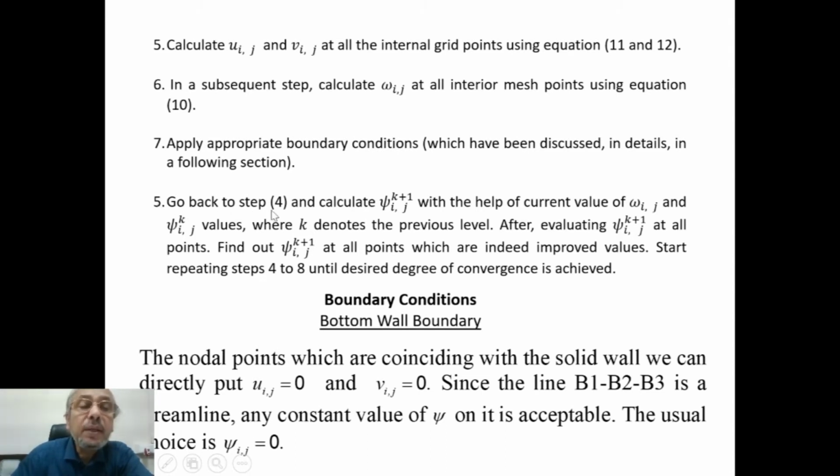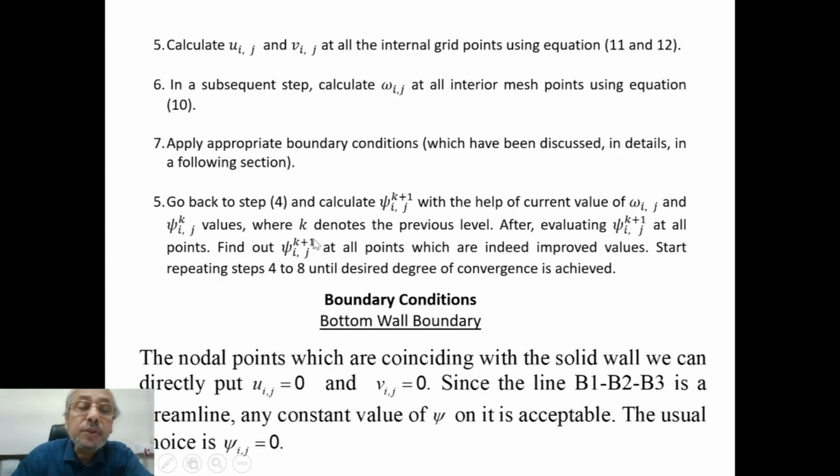Go back to step 4 and calculate psi ij k plus 1 with the help of the current value of omega ij and psi ij k values, where k denotes the previous level. After evaluating psi ij k plus 1 at all points, find psi ij k plus 1 prime, which are indeed improved values.